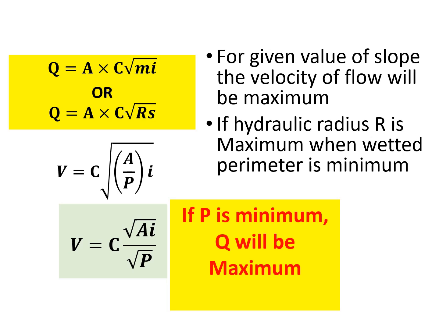If the wetted perimeter is minimum, then the discharge will be a maximum value. So based on this condition, the velocity can be calculated: V equals Chezy's constant C into root over A into i divided by root over P, where P is the wetted perimeter and A is the wetted area.